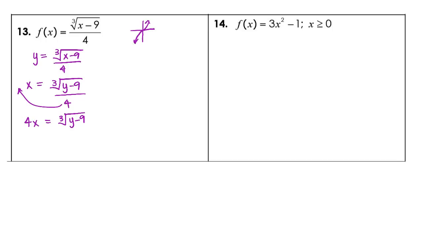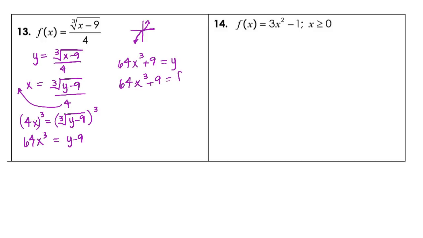And now we're going to cube both sides to get rid of that cube root. When we cube both sides, you can either leave it like this, or if you cube it, it's going to be 64x cubed. And that's going to give us y minus 9. And then we do need to add our 9 over. So we have 64x cubed plus 9 equals y. And finally, we know that this is not going to be the original y, that this was actually the inverse.